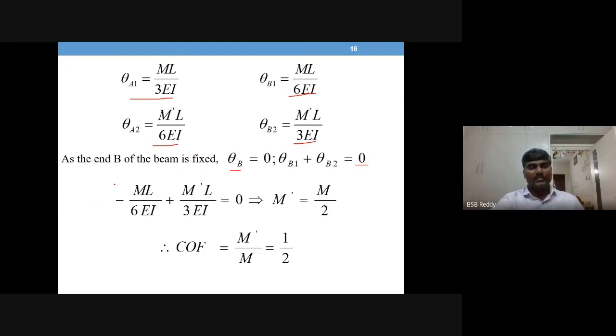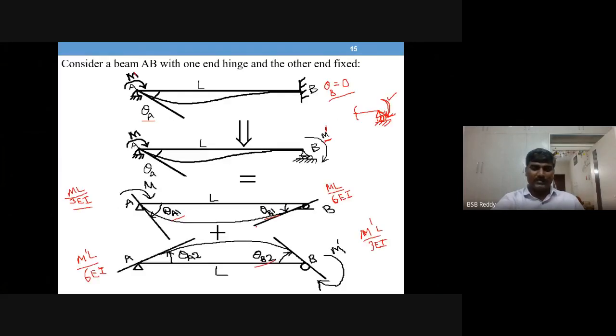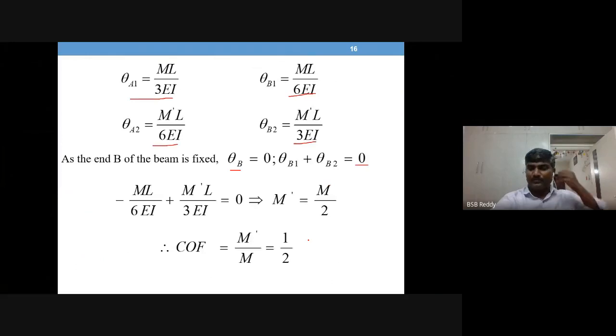So take anything as positive. Theta B1 is taken as minus, so anti-clockwise is taken as minus and clockwise is taken as positive. So substitute the theta B1 and theta B2 values.